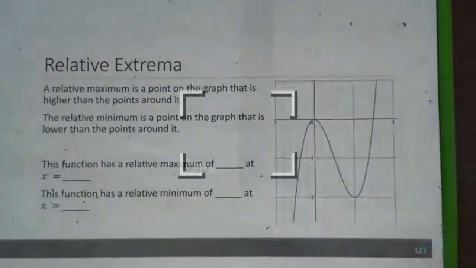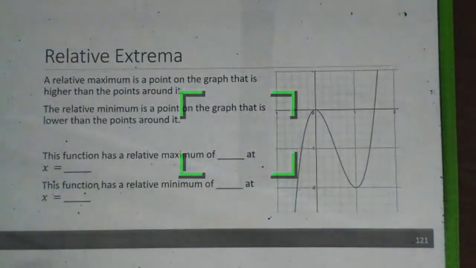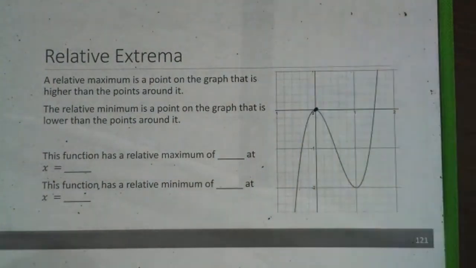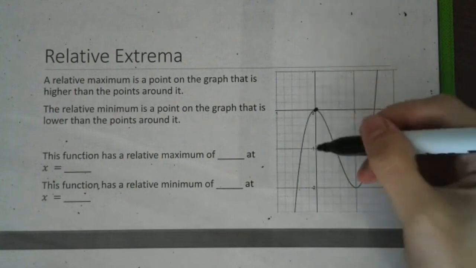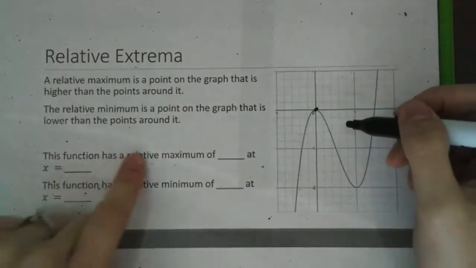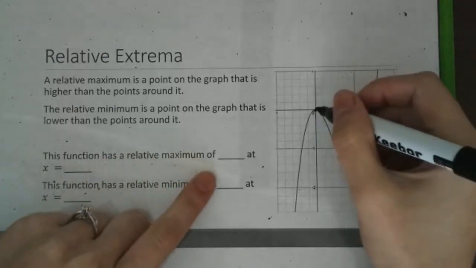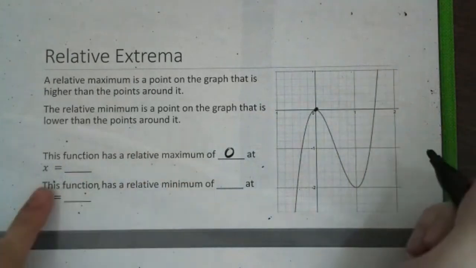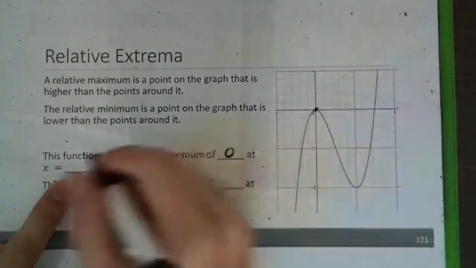Now we use absolute because you can also have relative extrema, which just mean you're higher than the points around you or you're lower than the points around you. So if you look, for example, at this, we're at the top of a hill. We're above the points near us. So this is a relative maximum. This relative maximum has a y value of 0, and it happens at the x value of 0.